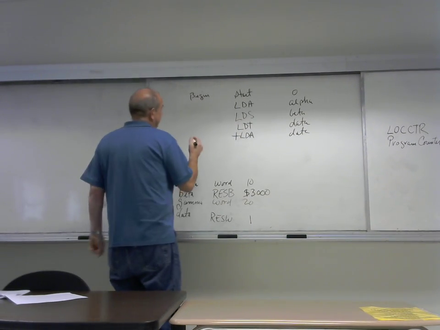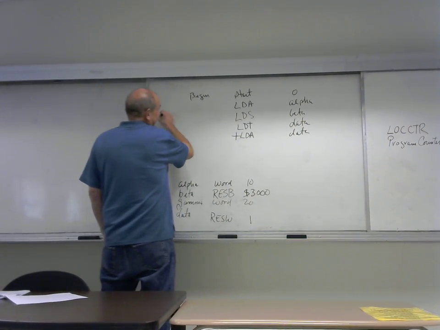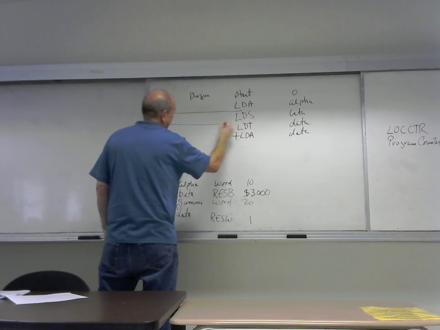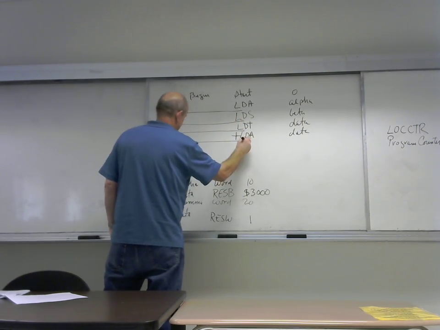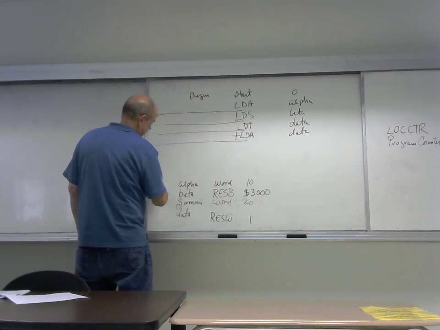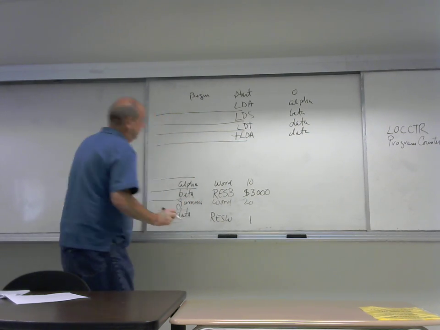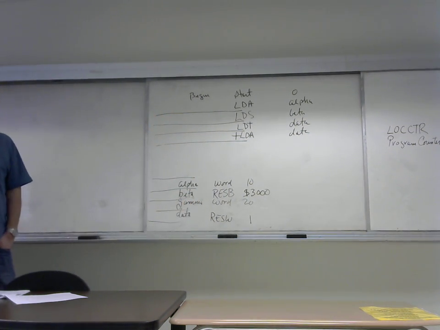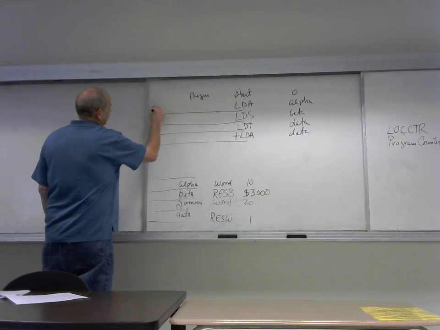Let's get addresses. And there's a gap there. We will go ahead and go with it though. So let's get all these addresses. The first one, the LDA is what address? 0.